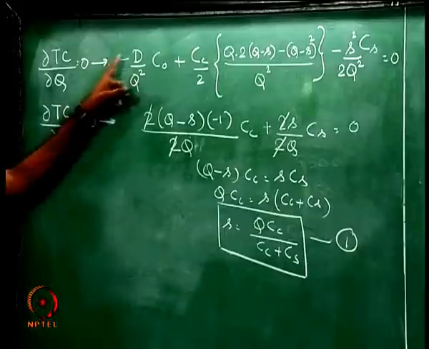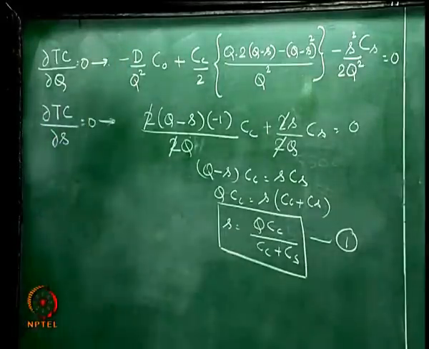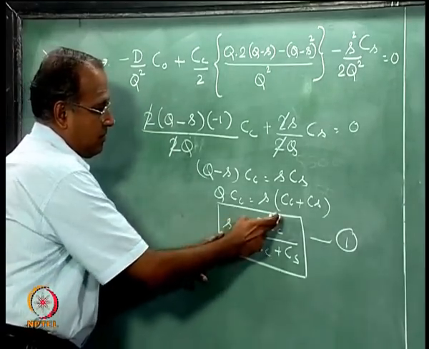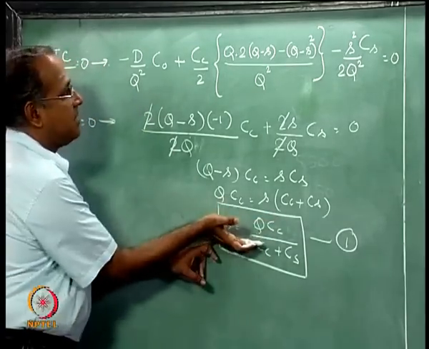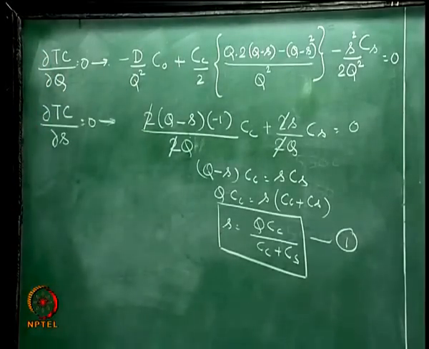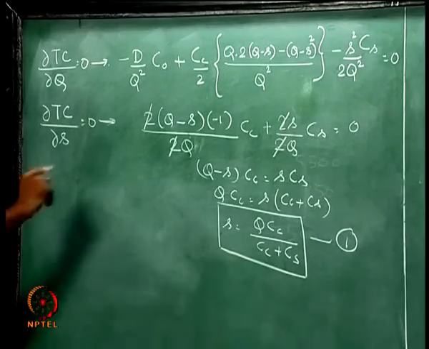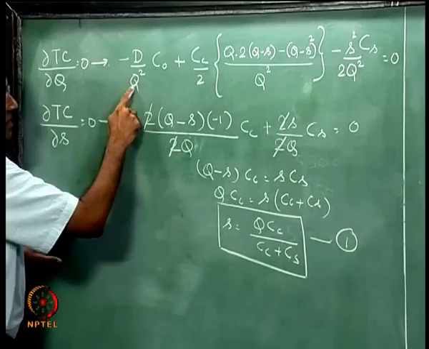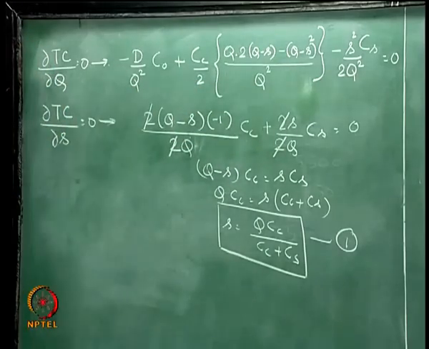Now, we go back to this one, and then we have to use S is equal to QCC by CC plus CS onto this one to try and get the value for Q. We will do that now. Now, I multiply this by 2, so that the 2Q square gets cancelled.